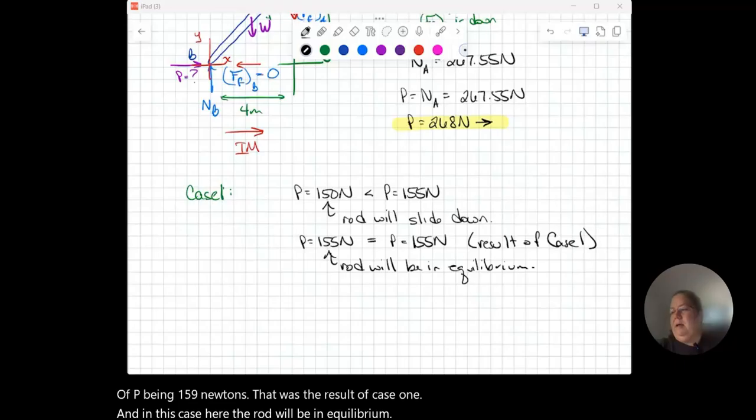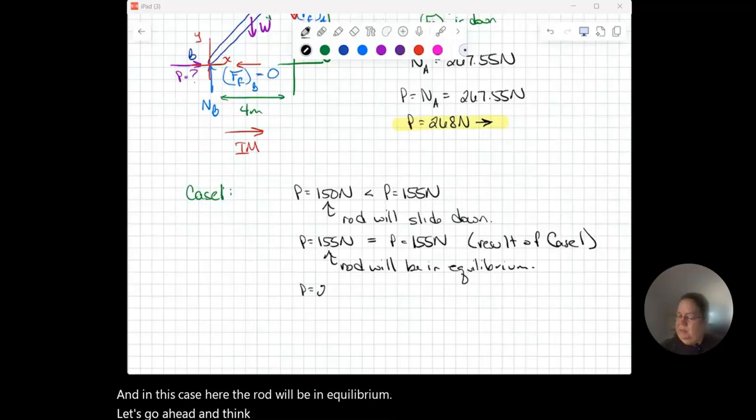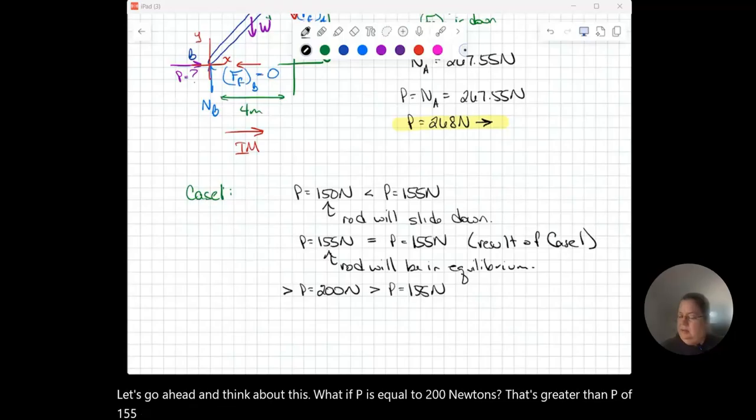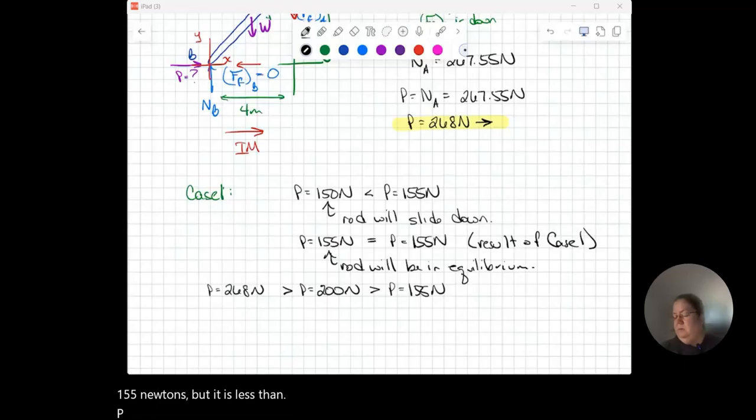Well, let's go ahead and think about this. What if P is equal to 200 newtons? That's greater than P of 155 newtons, but it is less than P equal to 268 newtons, right? So it's in the middle there. So if P is equal to 200 newtons, the rod will also be in equilibrium.